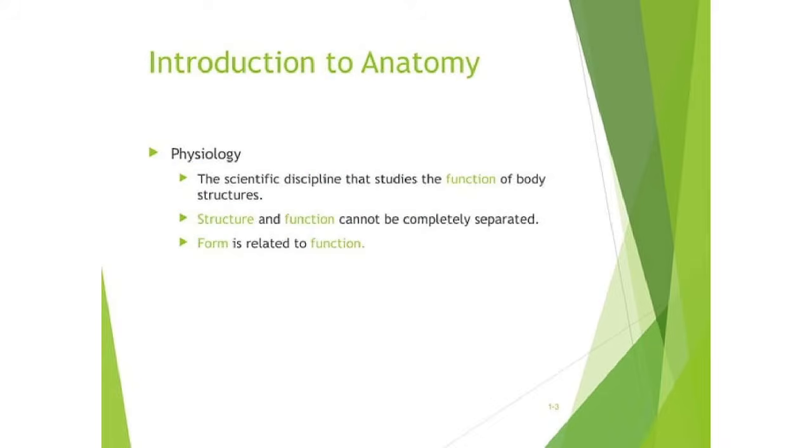Okay, next, here we are going to see what is meant by physiology. Physiology is a scientific discipline that studies the functions of the body. Physiology means the study about functions of the body, and how saliva is produced, how urine is produced, how the heart functions, how cell metabolism is happening, how energy is produced, how digestion is happening.